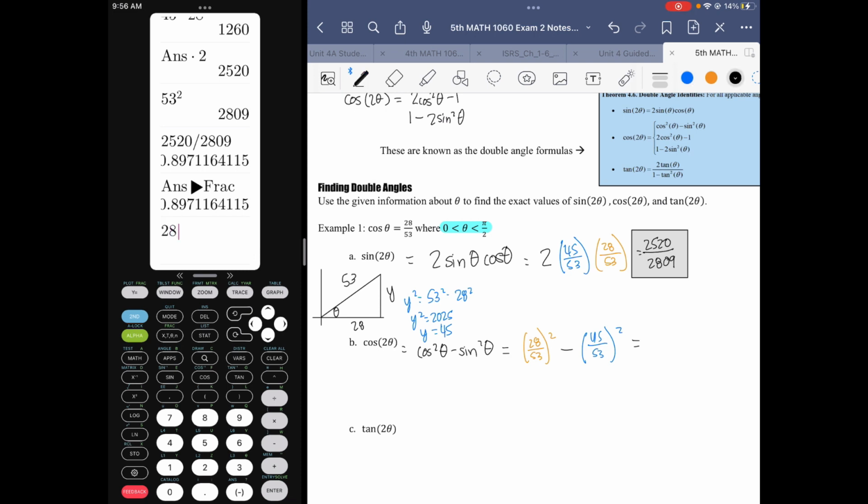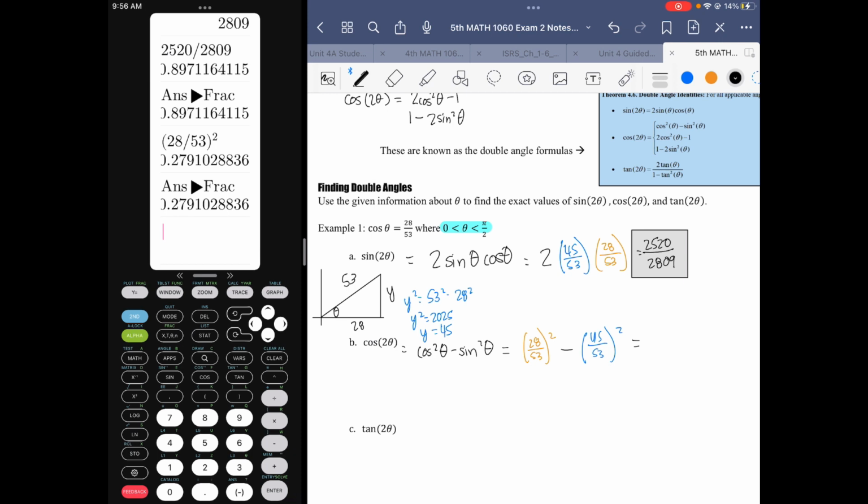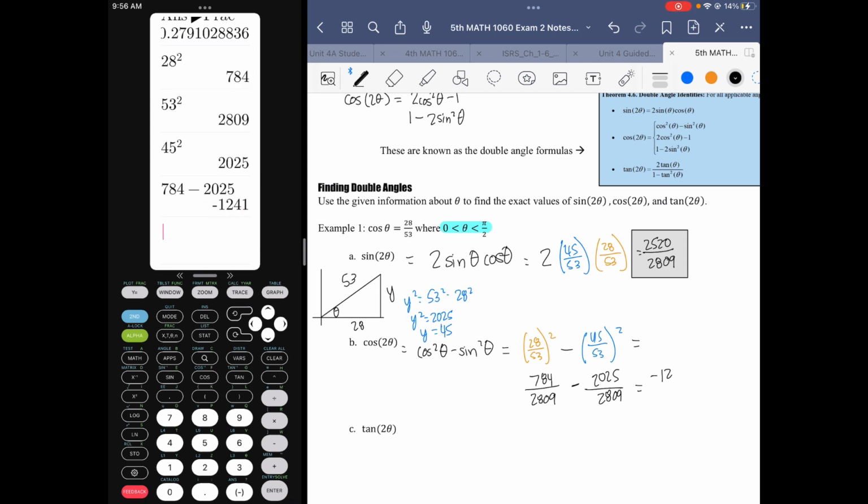So 28 over 53 squared. Ooh, it is not liking these ones today. So that's going to be 784 over 2809 minus 2025 over 2809, which would equal negative 1,241 over 2809.